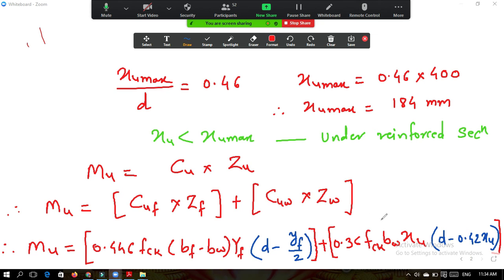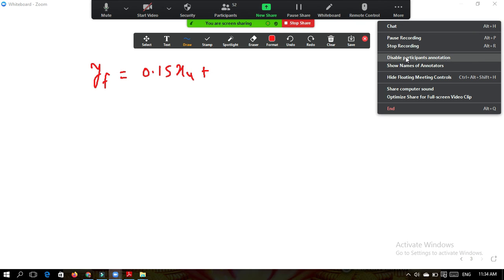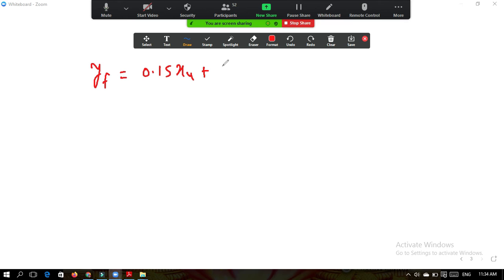Okay, now we will move to the next. So we will calculate the value of YF first. So YF is equal to 0.15 XU plus 0.65 DF. Therefore YF is equal to 0.15 into the value of XU.